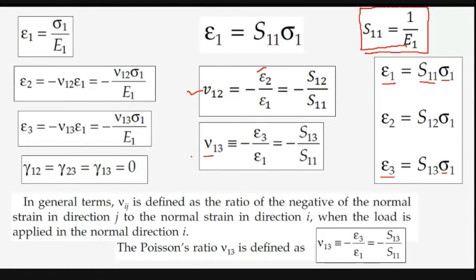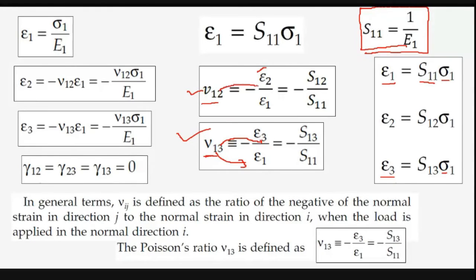If you look at these two equations, in general nu 12 is 2 upon 1 and nu 13 is 3 upon 1, which means these digits go to the numerator and these digits go to the denominator, right?